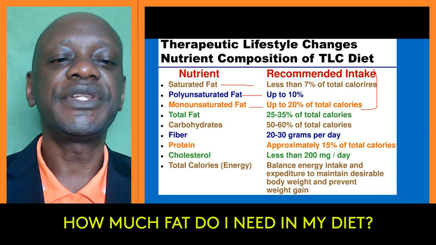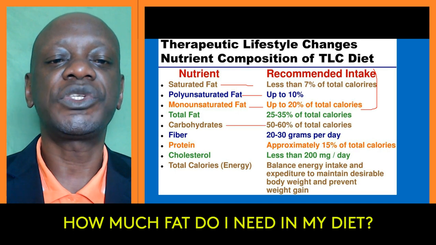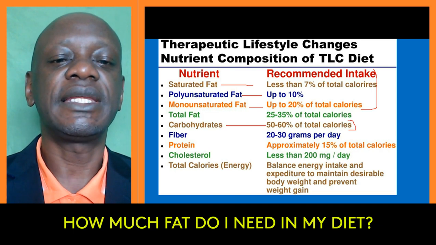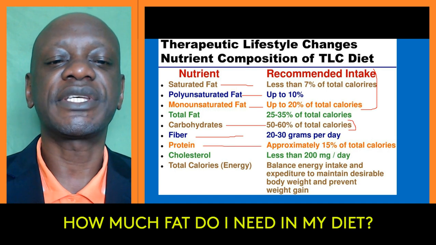Carbohydrates should constitute about 50 to 60% of your calories. Here we talk about the healthy carbohydrates, things like whole grains, nuts, seeds, fruits and vegetables, as well as legumes. Fiber, you require at least 30 grams per day, and then protein should be about 15 to 20% of your total diet.